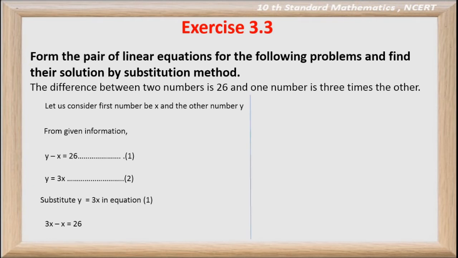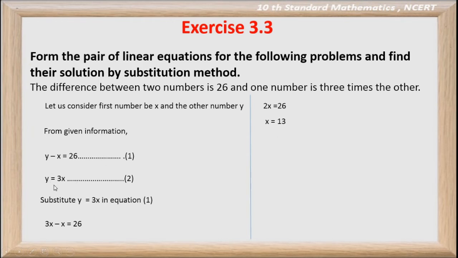So 2x equal to 26. Now we can divide by 2 on both sides, LHS and RHS. So 2x by 2 is x, equal to 26 by 2, which is 13. So we got x equal to 13. Now we have to find the other value, that is y.